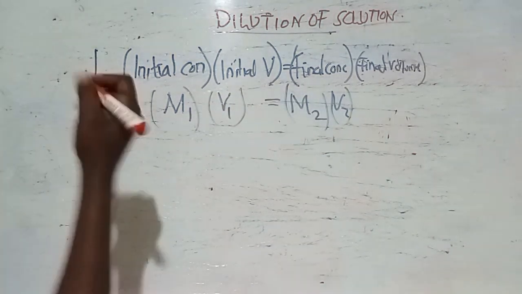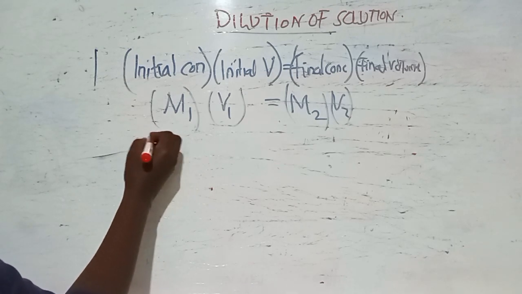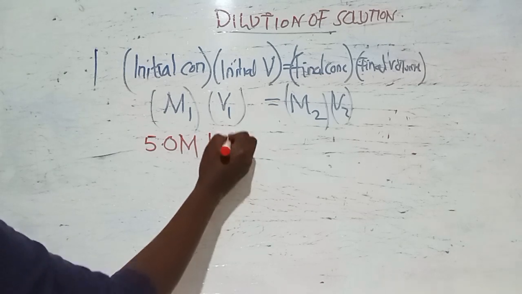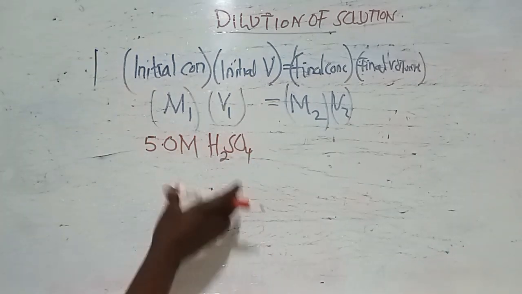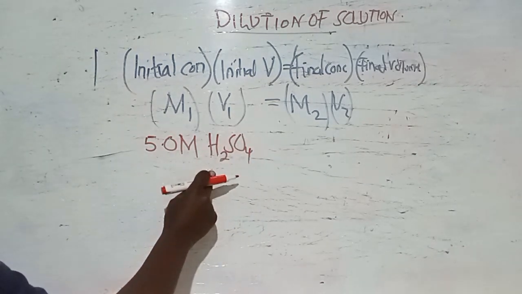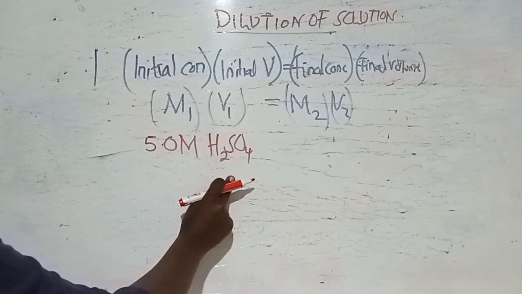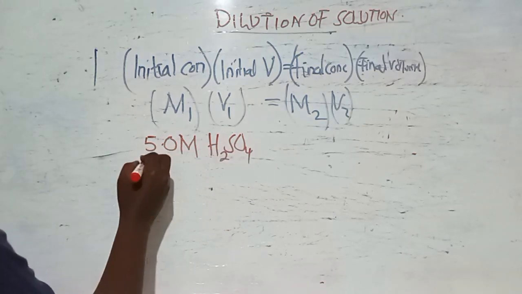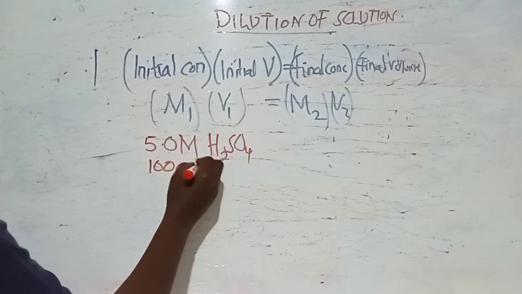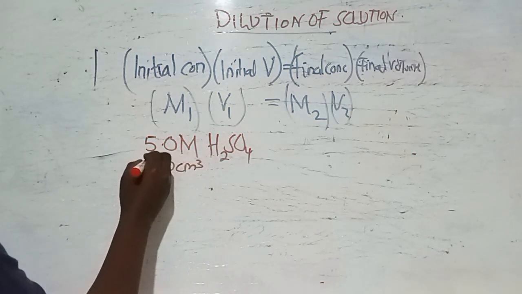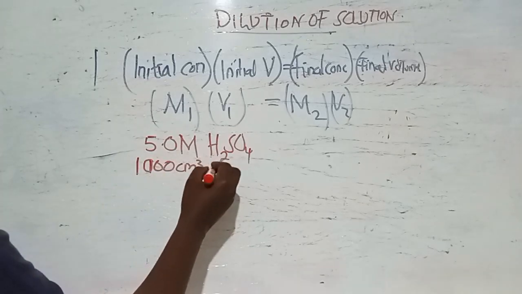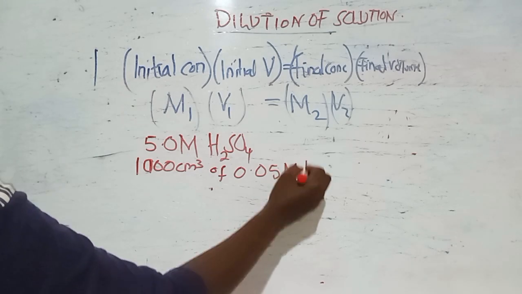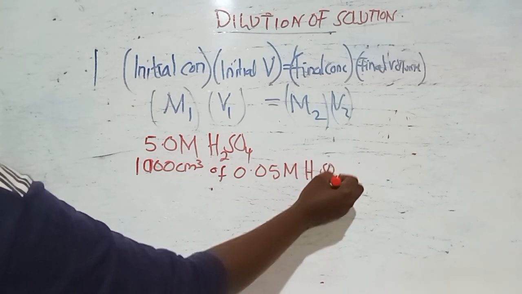You're told calculate the volume of 5.0 molar sulfuric acid solution that will be required to make 1,000 centimeters cubic of 0.05 molar sulfuric acid.